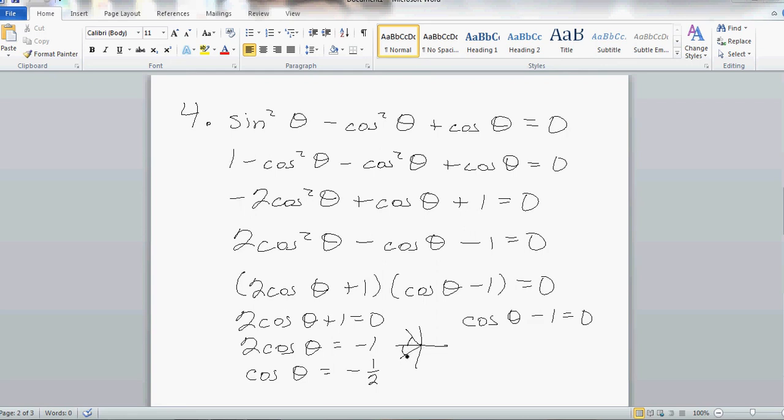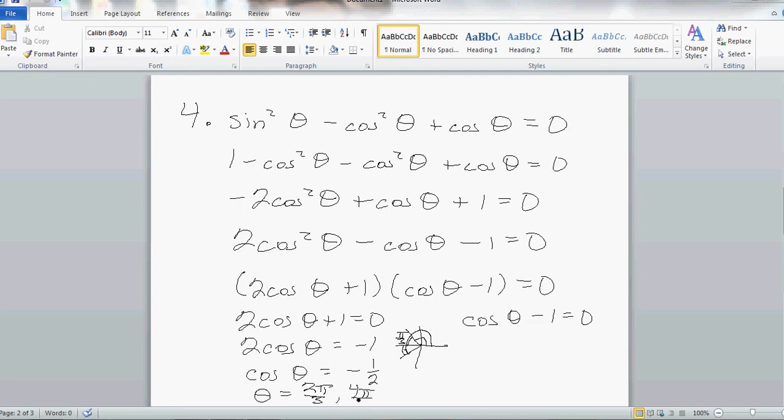Reference angle where cosine is equal to 1/2 is pi over 3. So then I just need to appropriately name this angle right here. That angle would be 2 pi over 3. Or this angle right there would be the angle 4 pi over 3.